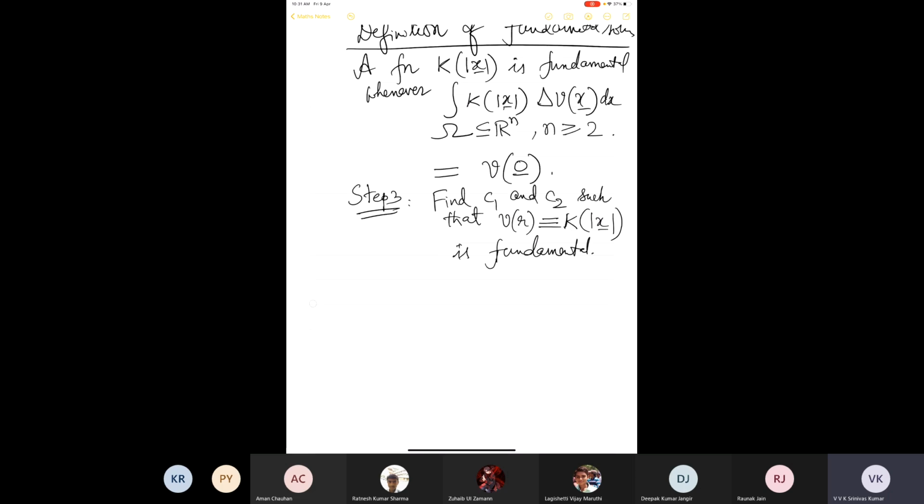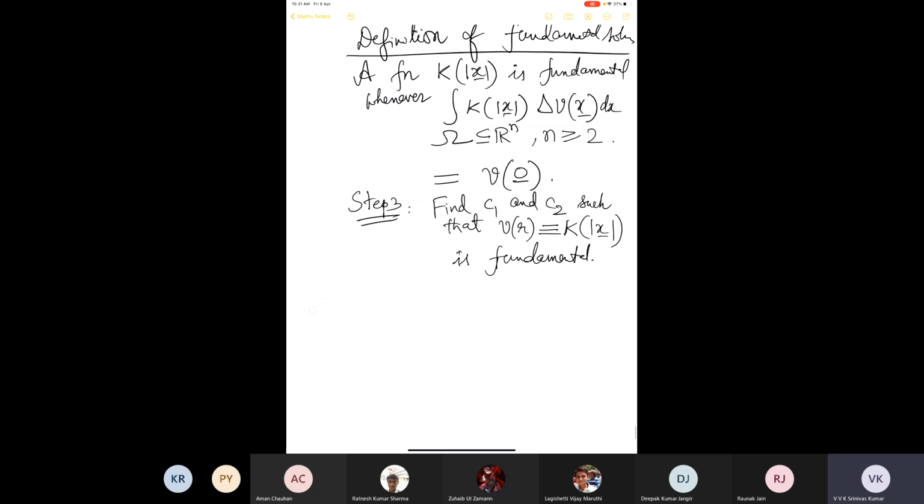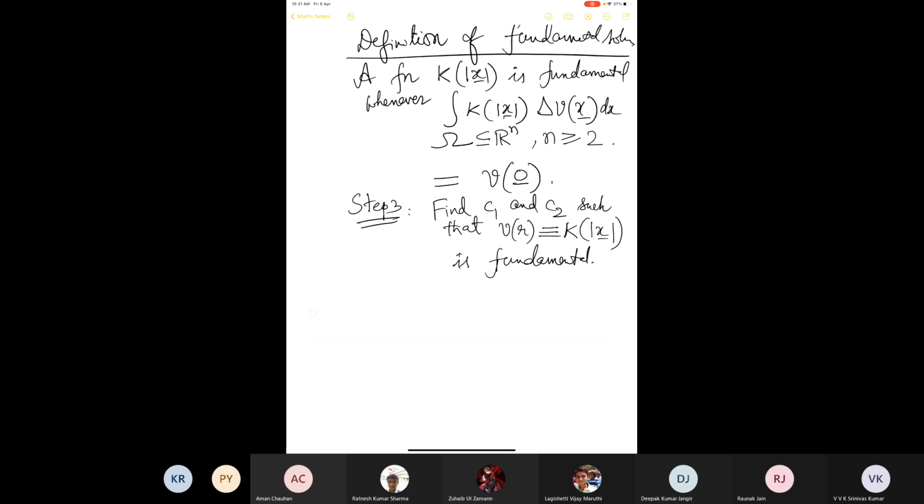This is what we are going to now demonstrate. Here one more thing is there. These are called test functions, for all v compactly supported C2.